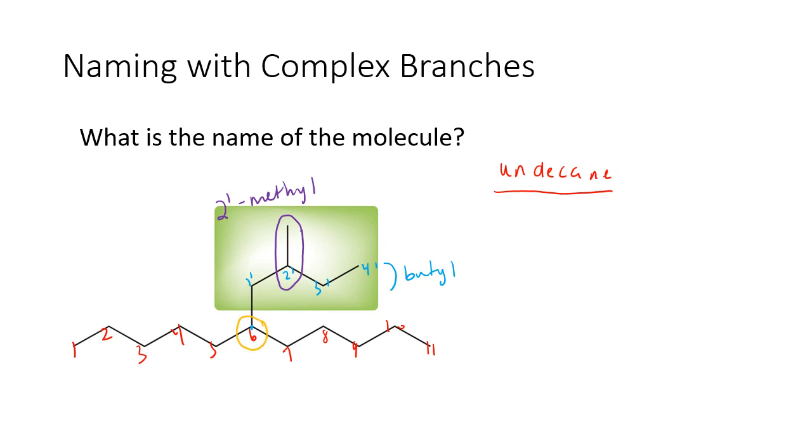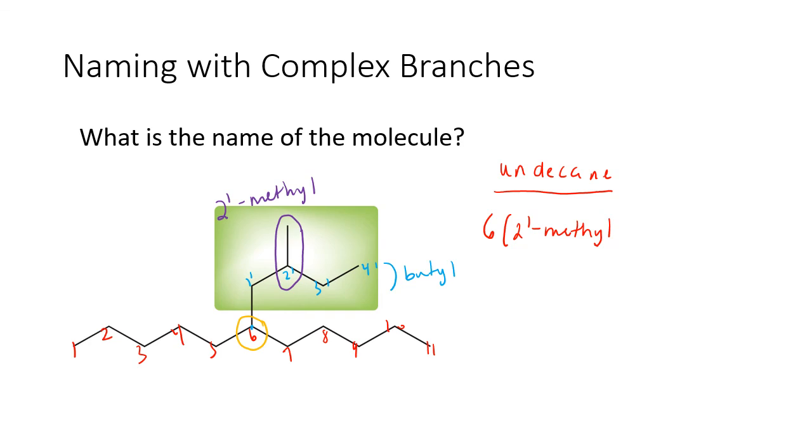So how we would write this out is we would say 6, and then we would put a parenthesis, and then we would say 2 prime methyl, and then we're going to list how many carbons are in the subbranch.